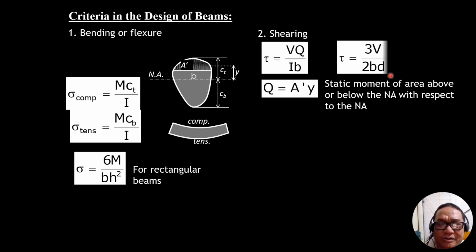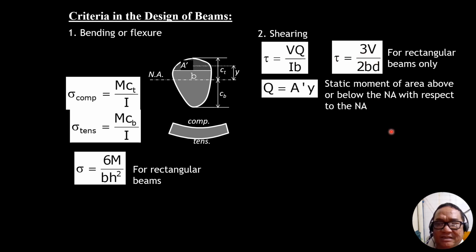So that's the result, and this is for maximum shear stress, which occurs at the neutral axis for rectangular sections only. The previous one is for the general section, and this one for rectangular sections. So 3V over 2bd, or 3 times maximum shear over 2A.